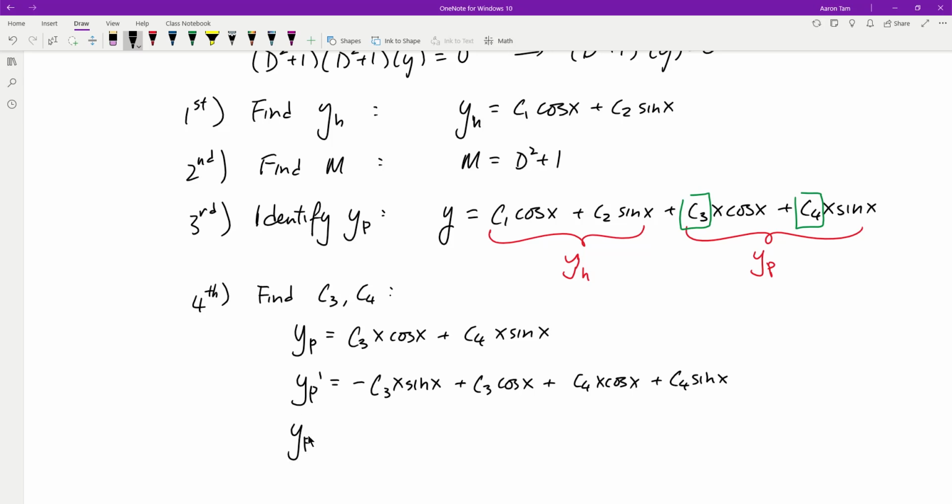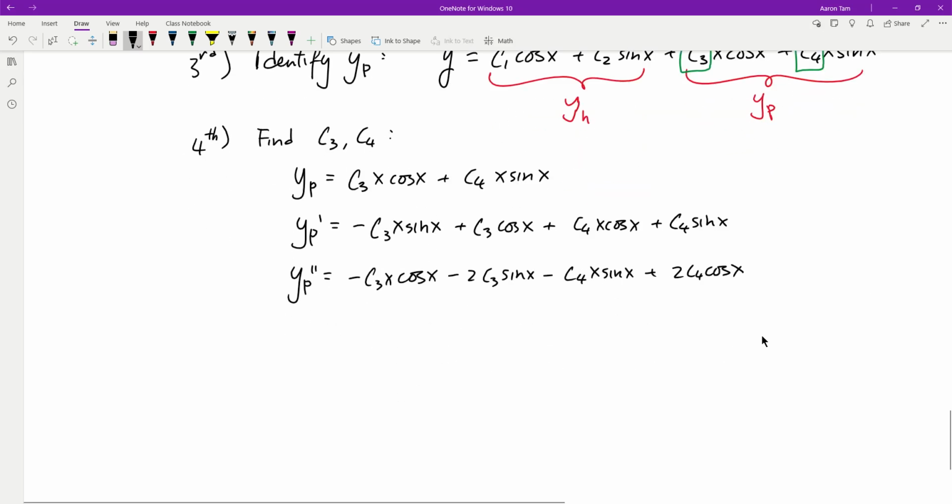And if you take the second derivative correctly, so these you should definitely pause the video and do it on your own to make sure that you get it right, you should have negative c3 x cosine x minus 2c3 sine x minus c4 x sine x plus 2c4 cosine x.